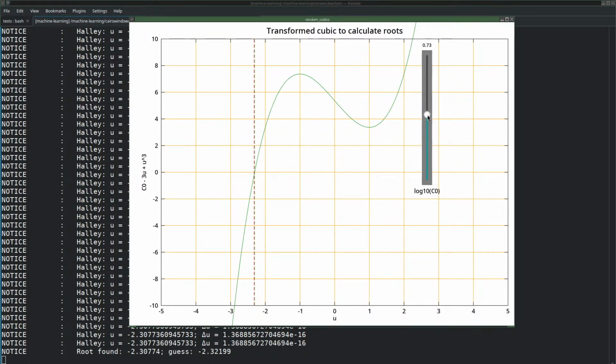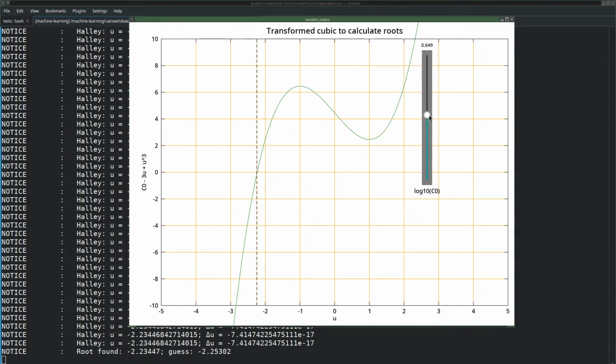I thought that for larger than 4, what is it? 10 log of 4. Oh, I have a log here. Yep, I have a 10 log. So the log of 4 is 0.6. So kind of between here, it's already pretty good.